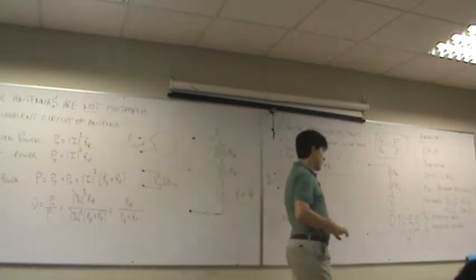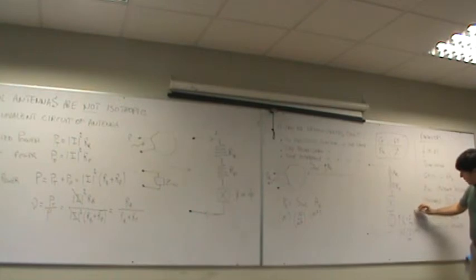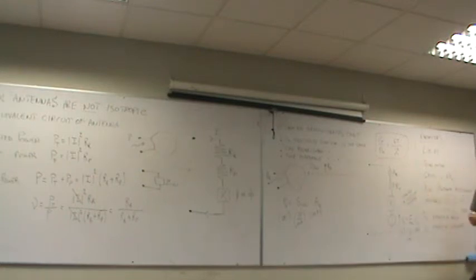And one other thing, the effective length can be a complex number, not a real number. What does it mean? Remember that all the quantities we are talking about are phasors.